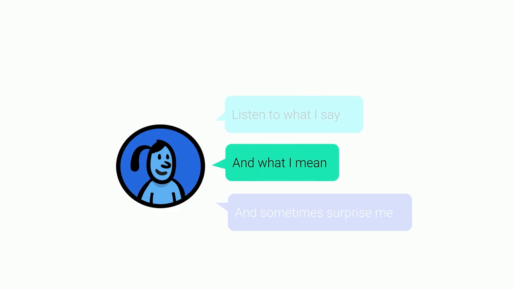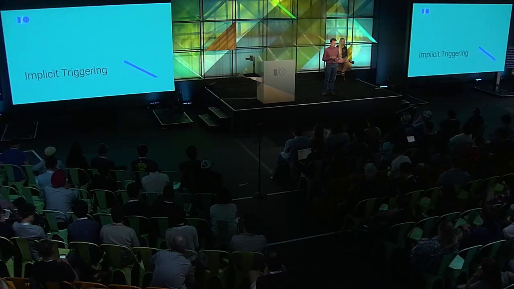So what we're doing is we're building new algorithms so that users can just express their intent. They don't have to use an app name or anything. They can just express what they want to do. And partnering with you, I'll talk a little bit in a few slides about the ways you can help this. Partnering with you, we'll be able to just take their general intent and match it to the most relevant app. We call this implicit triggering.